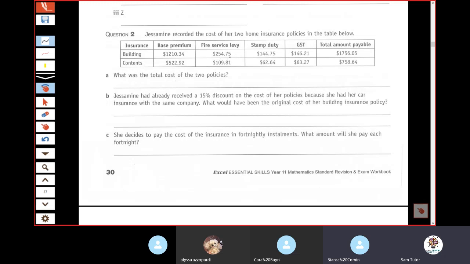So it's like a pool they've created, because they started losing a lot of money from all these house fires, and then insurance companies had to pay a lot of money out. So they created this fire service levy, this pool of funds.